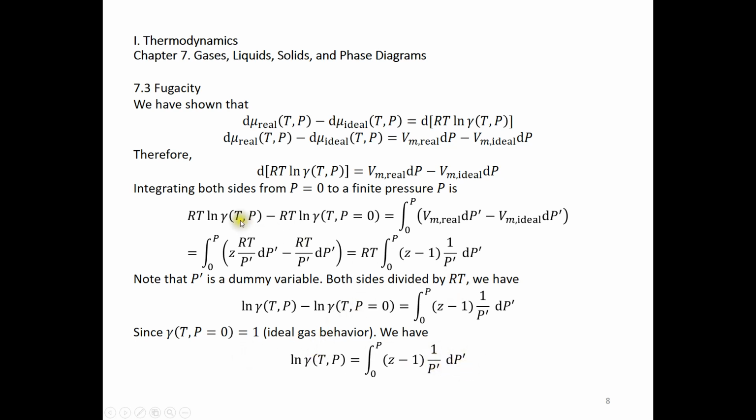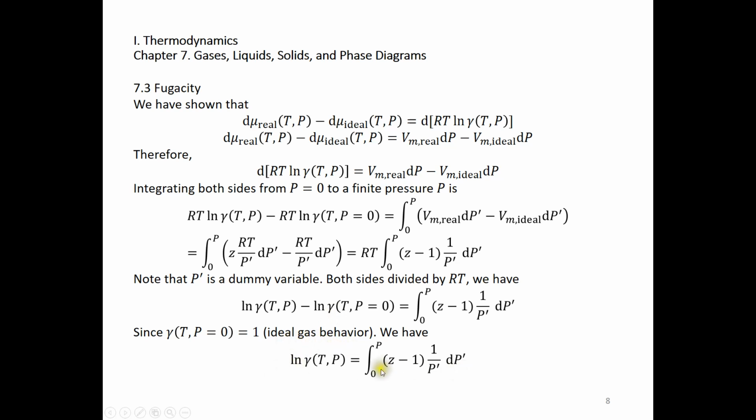Okay, again from here to here, we used two steps. I think I just divided the left hand side by RT, the right hand side by RT, and then this part is just 0, only because when P approaches 0, gamma approaches 1. It's just ideal gas behavior when the gas pressure is extremely low.